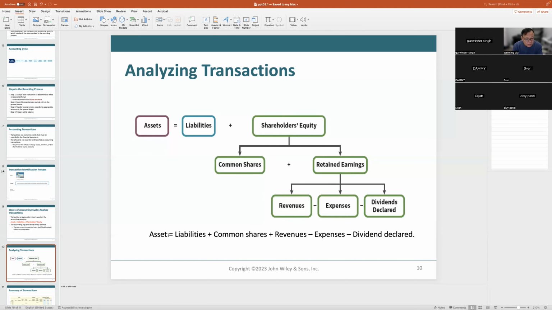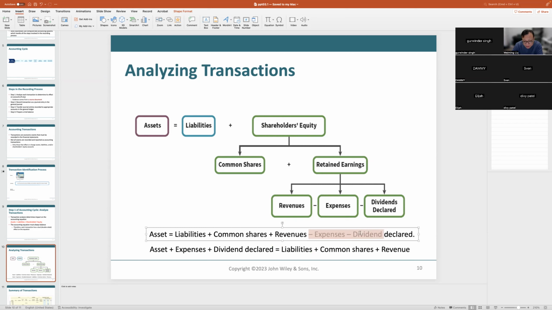So now I'm going to get asset plus expenses plus dividend declared equals liabilities plus common shares plus revenue. Is that clear? I'm going to use some color so you see the difference.